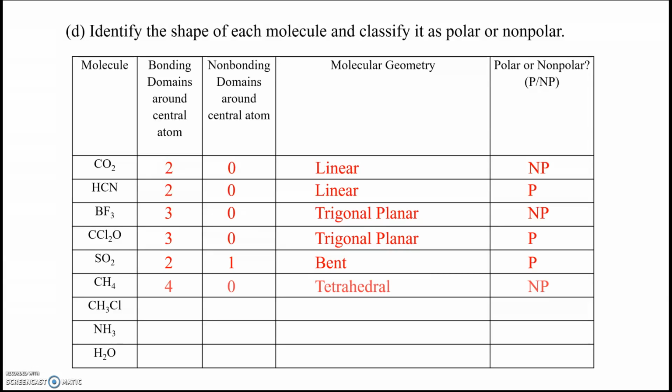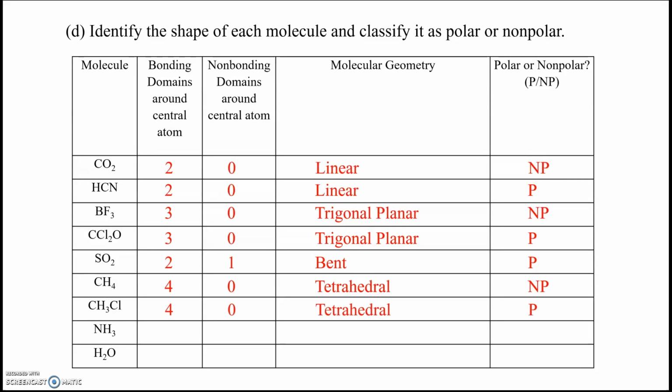All right, methane. We've been down this road a couple of times. Methane has 4 bonding domains, no non-bonding domains. Its shape is tetrahedral. And because all of the domains point in opposite directions, vectorially they add up to have no net dipole, and so this is a very nonpolar molecule. Now we look at the next one. This is chloromethane.